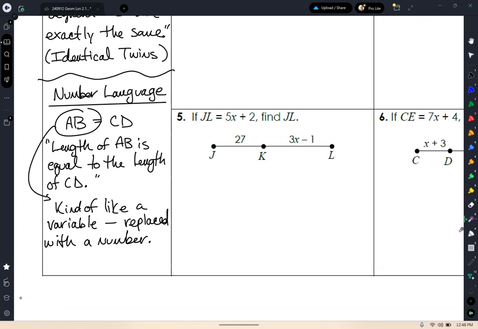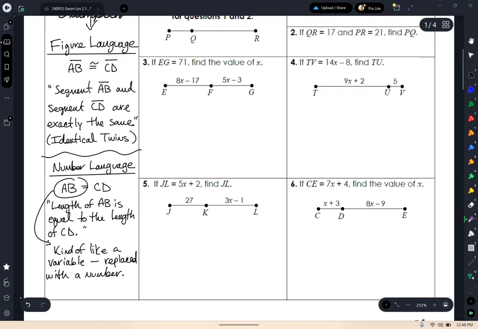See, we say numerical values are equal to each other. We don't say shapes are equal to each other. We say numerical values are equal to each other. Okay, equals is a math symbol, right? We can't do math with shapes, but we can do math with numbers. And so that's why we need the difference between figure language and number language.